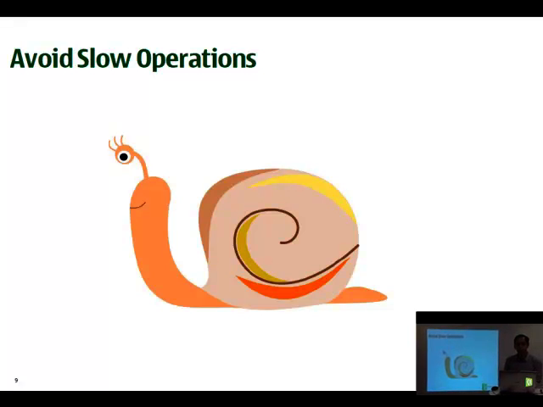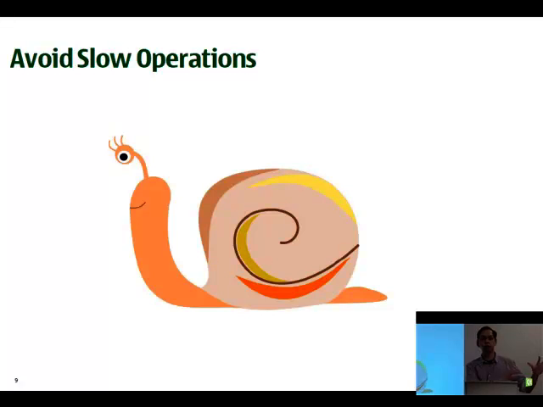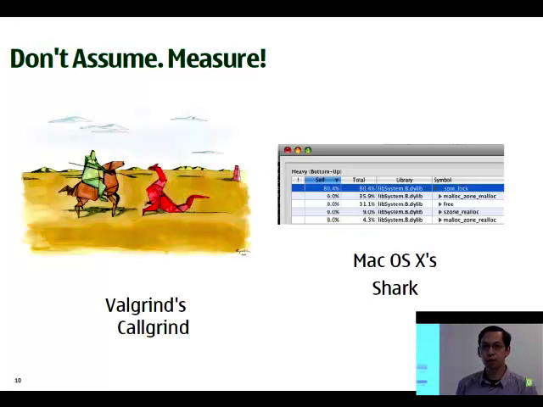Now, the real problem is many developers just assume that some part of the application is slow or some other part is slow. But in order to really justify the bottleneck, you need to use some tools. So my suggestion is to use the right tools for profiling or for finding out where the bottleneck in your application is. On Linux, you might use the callgrind module in Valgrind.